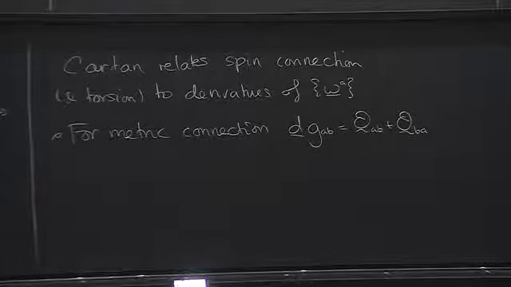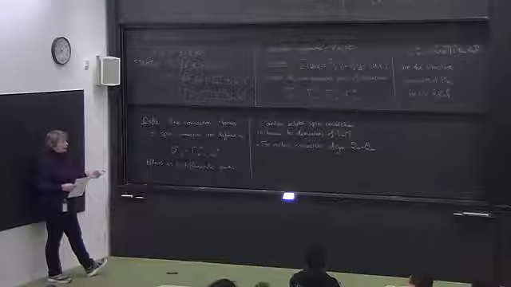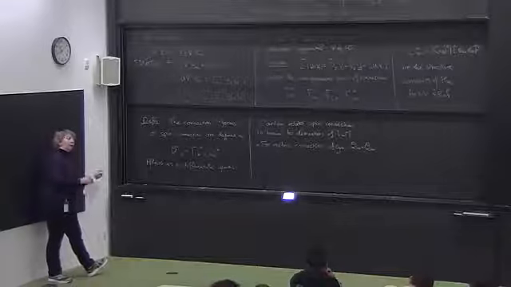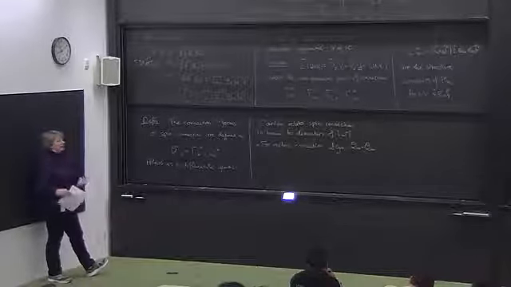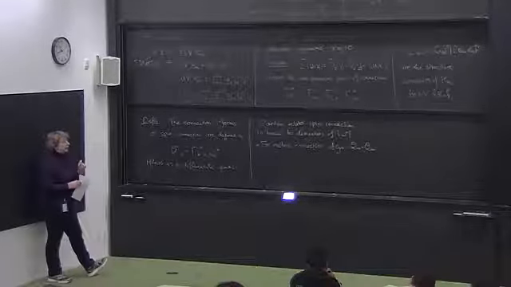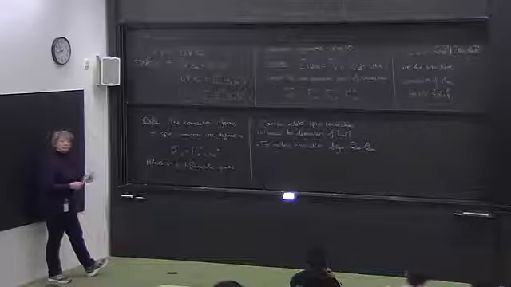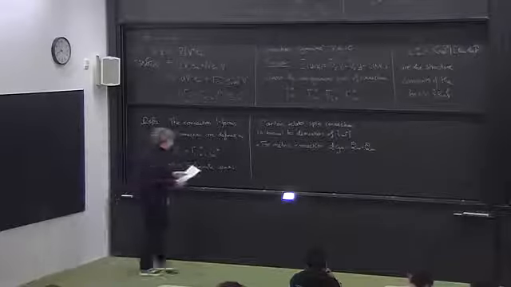For the metric connection, if I take the derivative of g_AB, the components of the metric in the basis or co-basis omega, I get the symmetric part of these connection one forms.